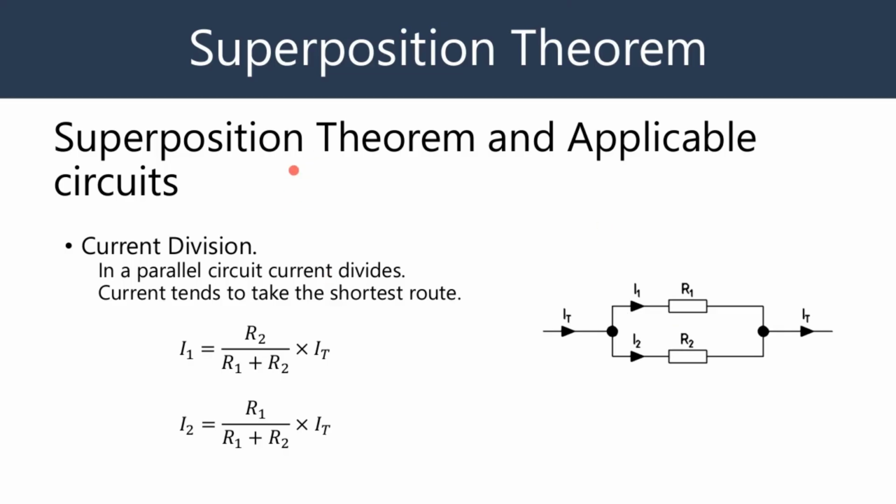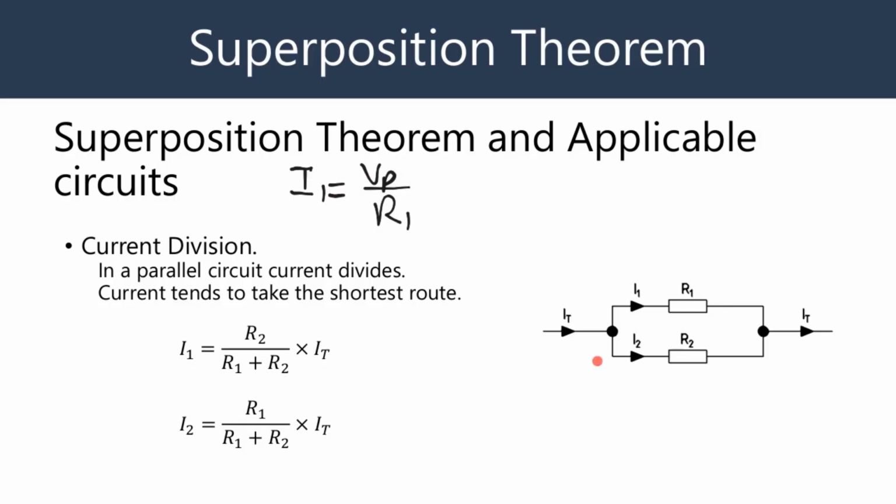I1 we would basically have to get our V parallel and divide by R1. Do you guys agree with that? Okay, so we have to take the parallel voltage and divide it by R1 just to get to I1.